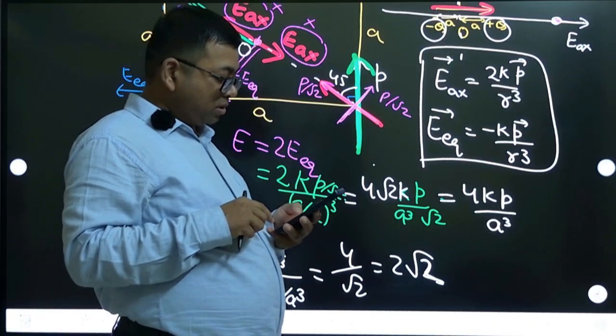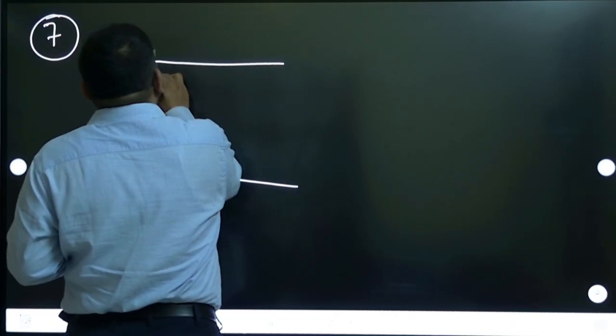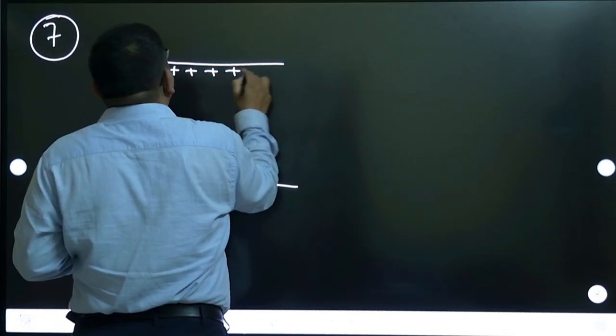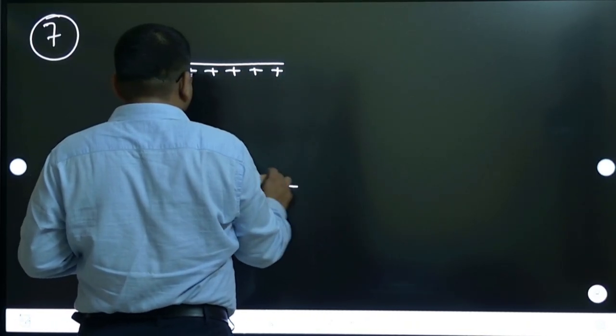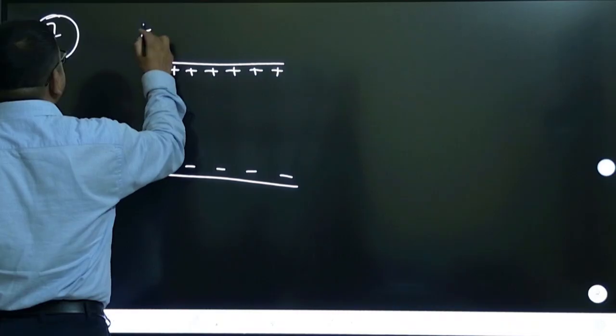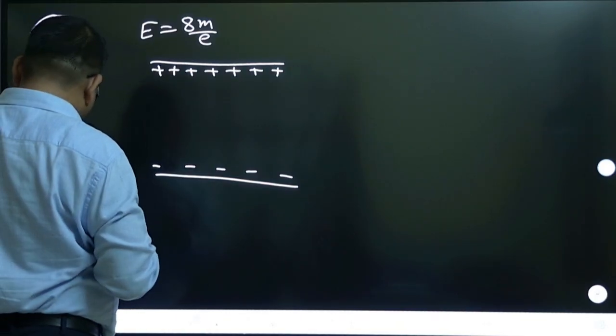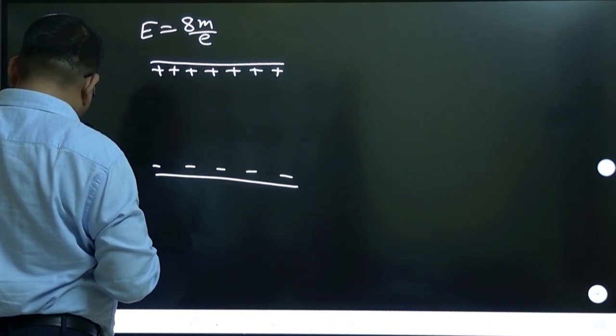Okay, next. Question number 7 also is a mistake. Where is the mistake? In question 7, plates are given. This is positive charge and this is negative charge. In the uniform field, the field is constant and is given as 8 m by E, created between two plates.